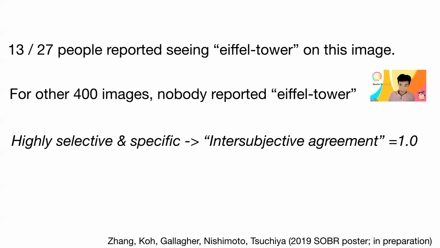So that's highly selective, and that also quantifies the specificity. This is one possible way to quantify intersubjective agreement in reporting the Eiffel Tower on this image. And we are writing this paper at the moment.